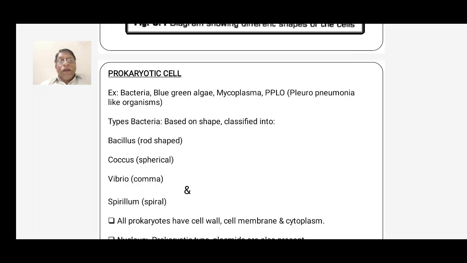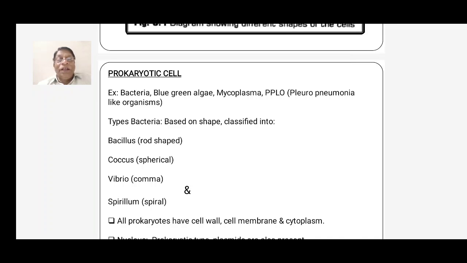Similarly, the spherical-shaped bacteria are called coccus. Cocci, plural. Some bacteria appear comma-shaped. So those are called Vibrio.